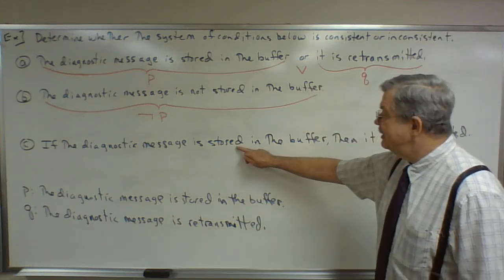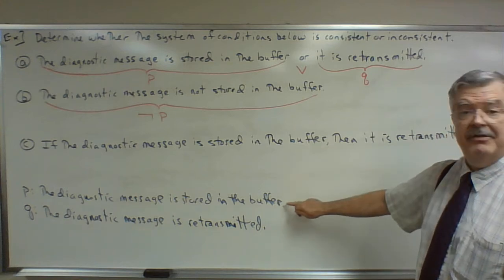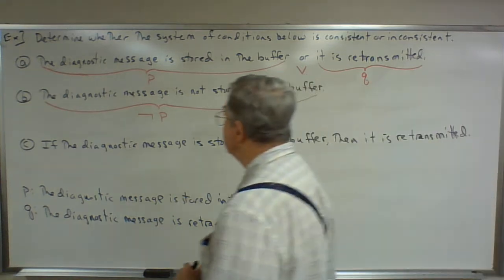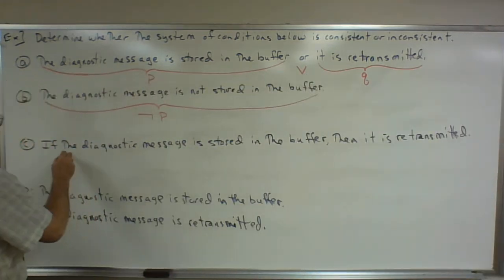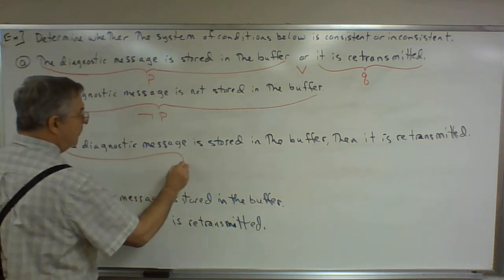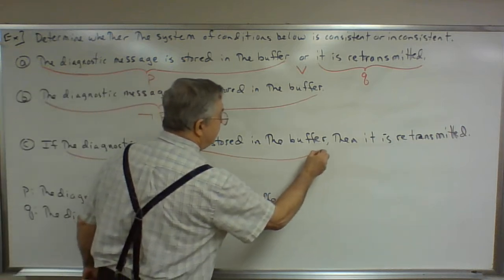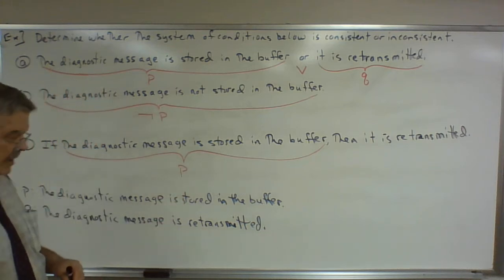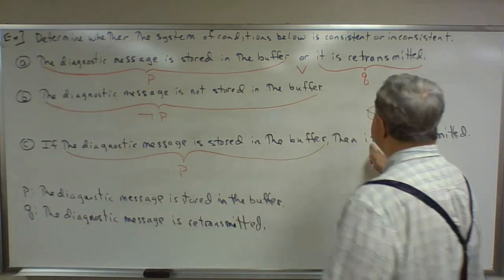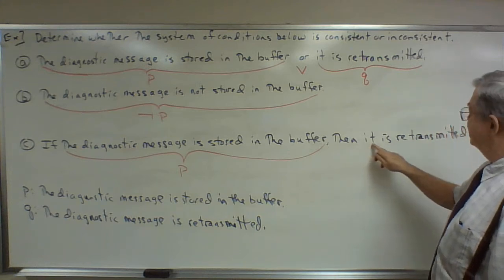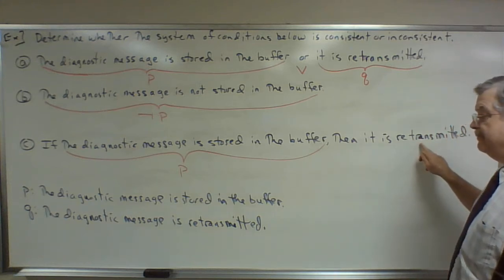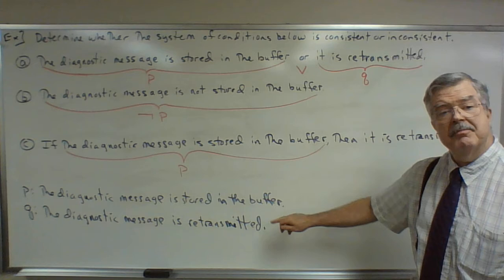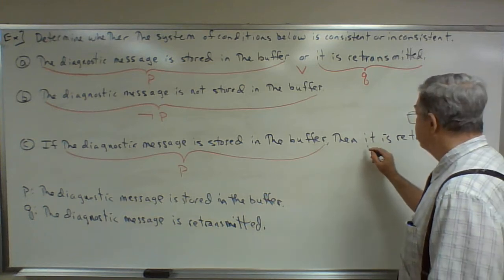The diagnostic message is stored in the buffer. That's P. So we will label it as such. This is P. And then we have, if, that is, the diagnostic message is retransmitted. That's the simple statement Q.